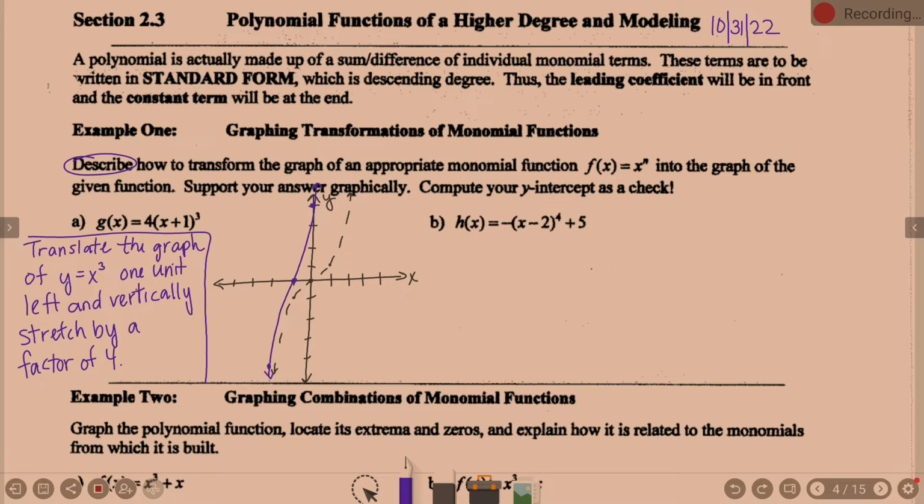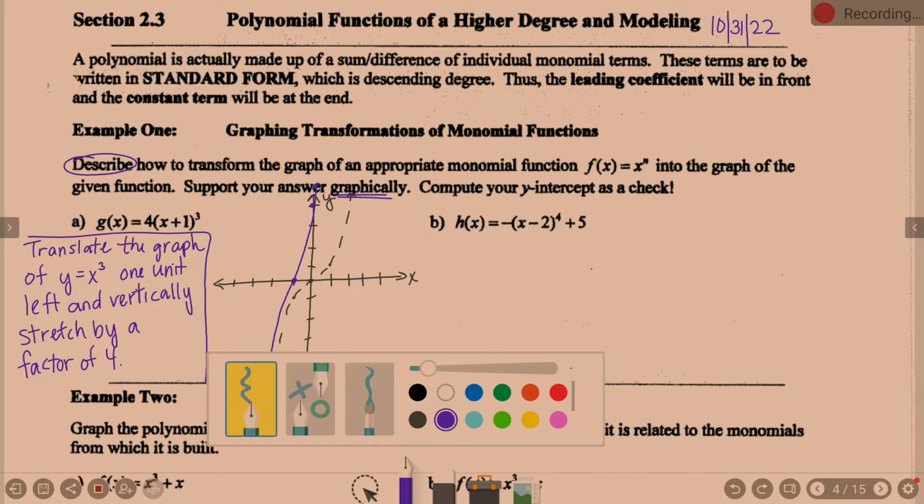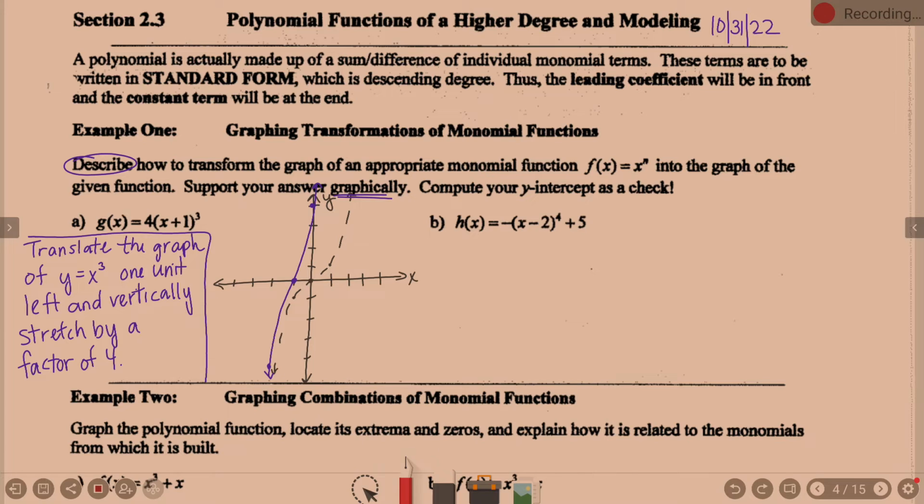Okay. One other thing it did say to do, because it said to graphically, and I want to talk about graphically, it says compute your y-intercept as a check. How do I find a y-intercept? What's our general rule of thumb to find a y-intercept? If you're given an equation, we can see where the y-intercept ended up, right?